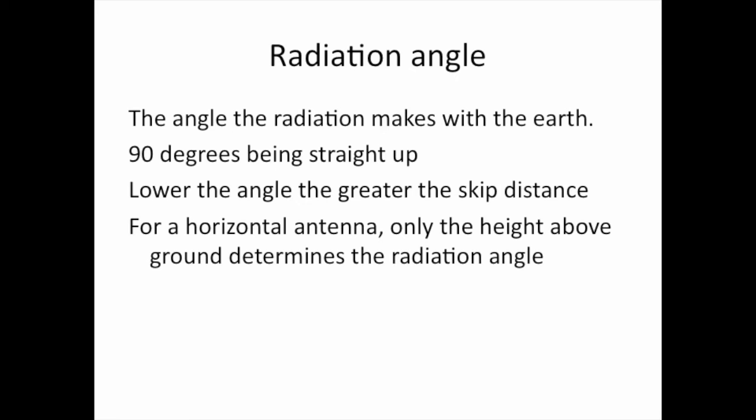I say potential skip distance because even though you're striking the ionosphere at a very low angle, the ionosphere has to be strong enough to support the refraction of the electromagnetic wave. For a horizontal antenna, only the height above ground determines the radiation angle.